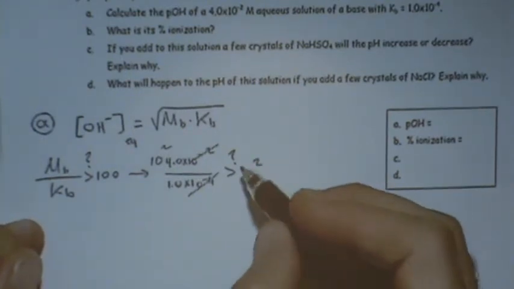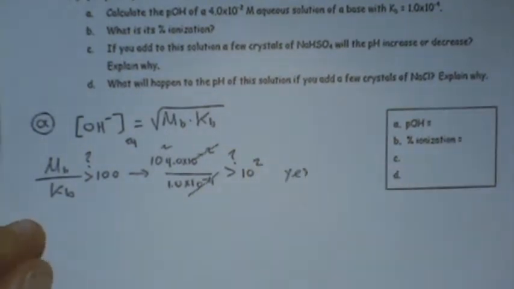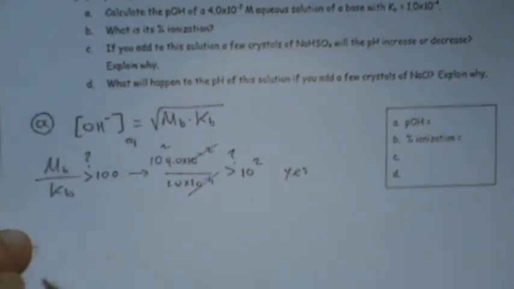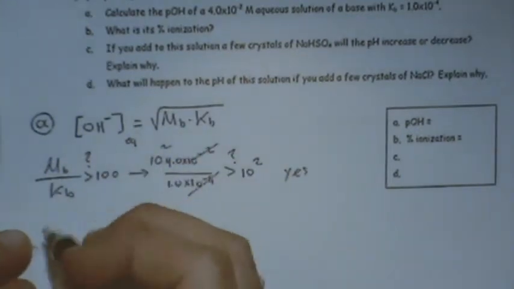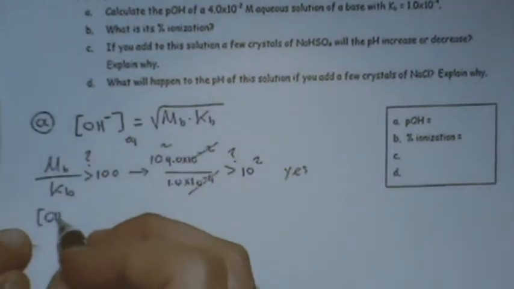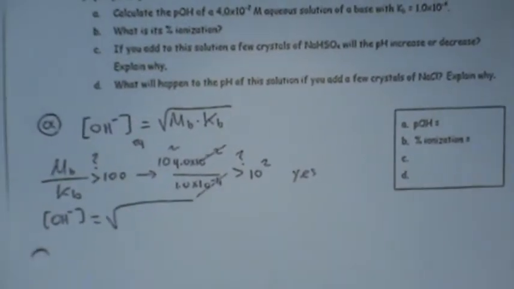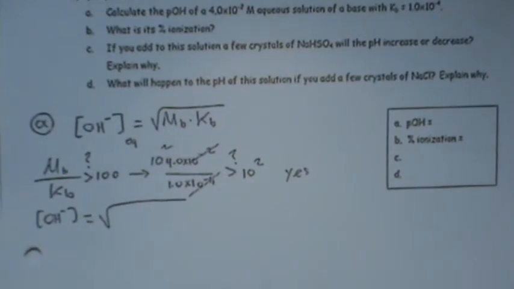So it's true. With that check, that this is larger than 100, you can use this equation. The only thing you have to do is put in the values, that's it, all the time. If this is not true, then you will have to solve the quadratic equation.